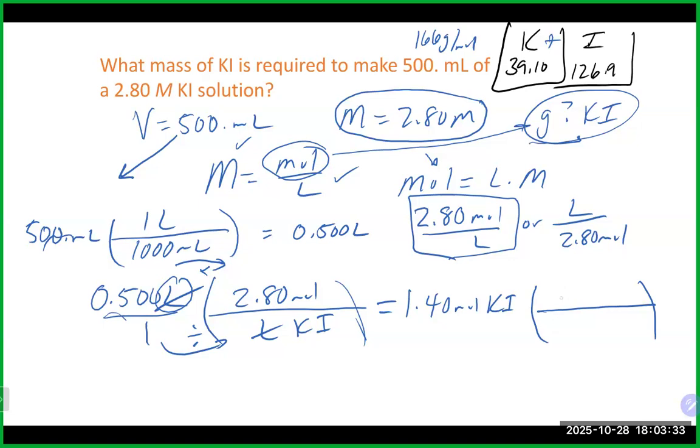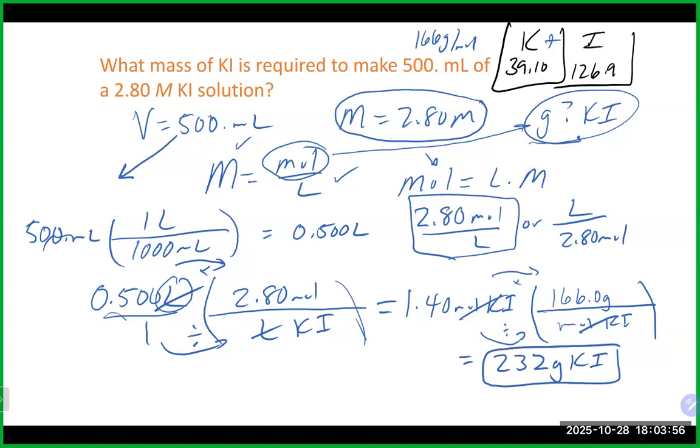So we're going to put 166 grams per mole on the bottom. Again, multiplying and dividing, moles will cancel. And that means here, take that times 1.4. I'll call it about 232 grams of KI is needed to make this solution.